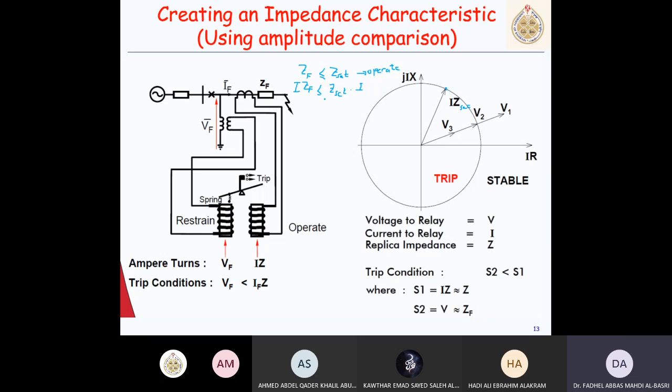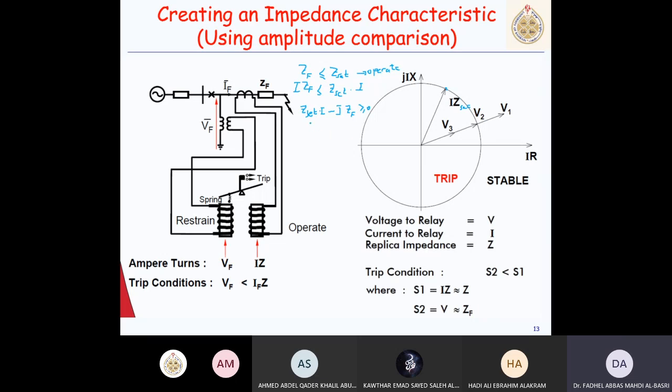And if I take that one to the other side, it will be Z setting times I minus I times ZF, which should be greater than or equal to 0 for the relay to operate.